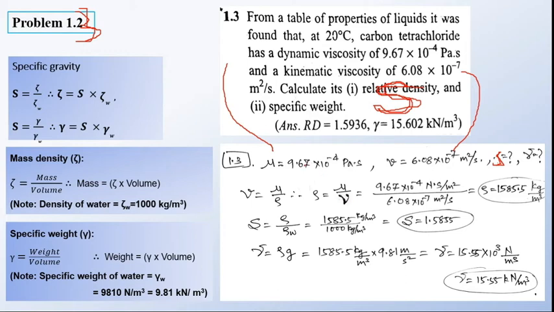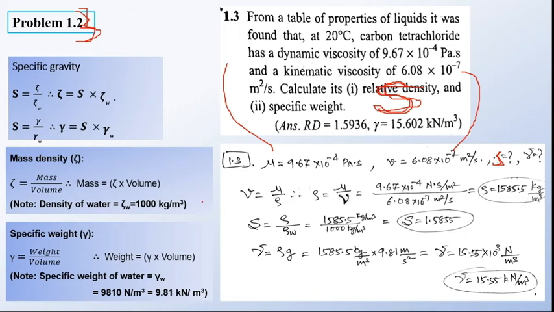If you substitute for Newton, kg into meter per second squared, and then simplify, you will have overall units as kg per meter cube, and magnitude wise it turns out to be 1585.5 kg per meter cube. So that becomes density.